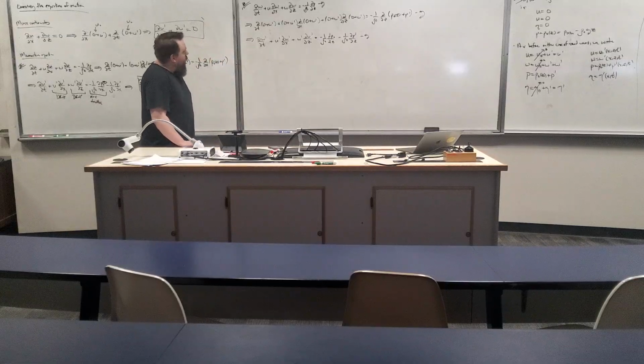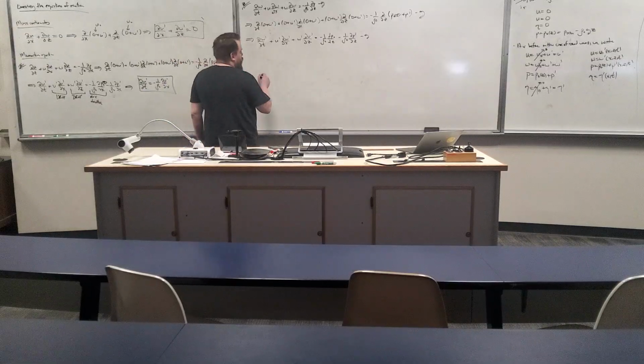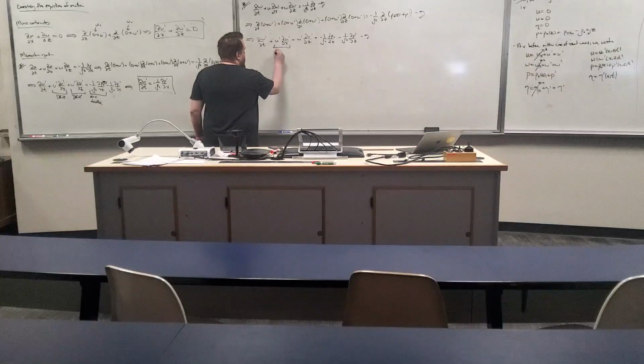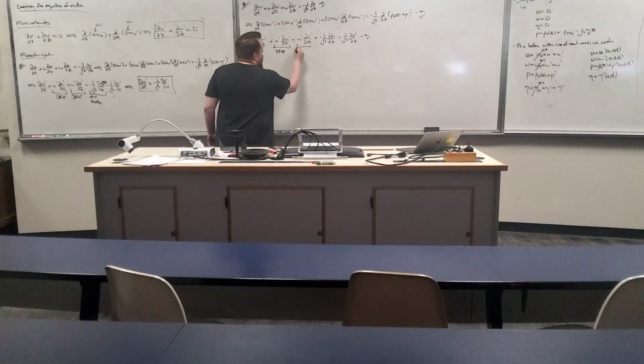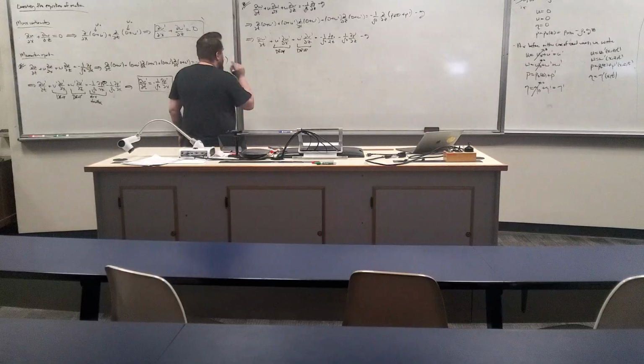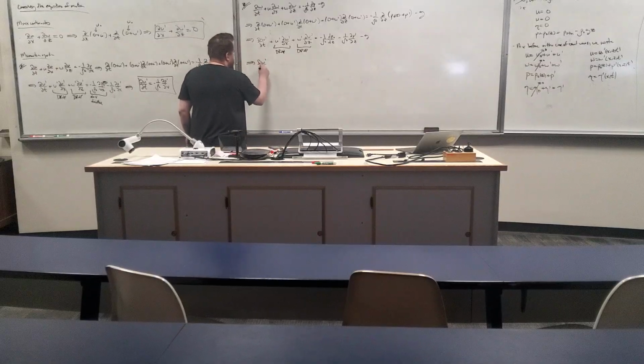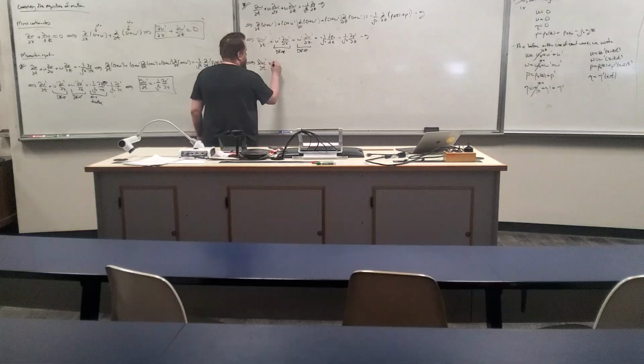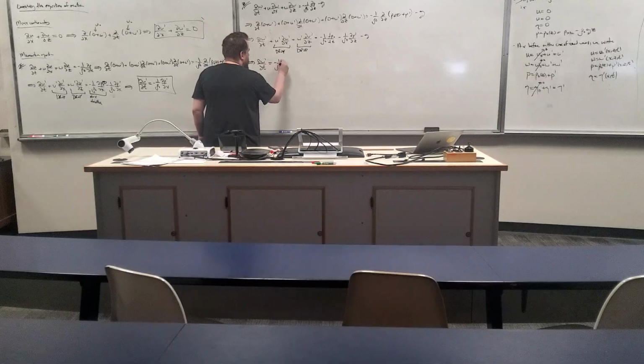And as before, all the terms with 2 primes we're going to drop. So we drop this one, we drop that one. And so we get dw prime/dt equals minus 1 over rho naught d/dz.